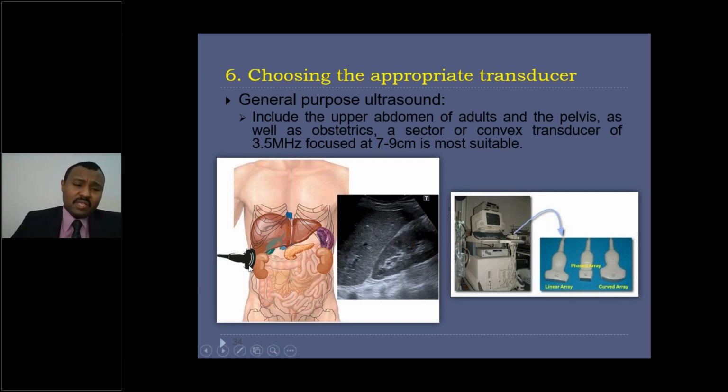And you can see here, this is a kind of curved linear probe, kidney and liver. You can see here this is the right lobe of the liver, and this is the right kidney, from where you can compare the echogenicities of the right liver lobe with the right kidney to diagnose any cases of pathology, especially a famous type of pathology known as fatty infiltration in the liver, or what is known as fatty liver.